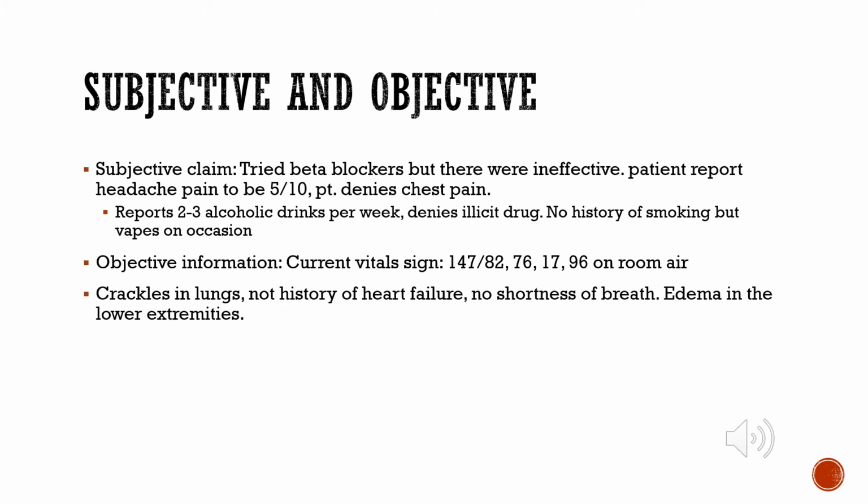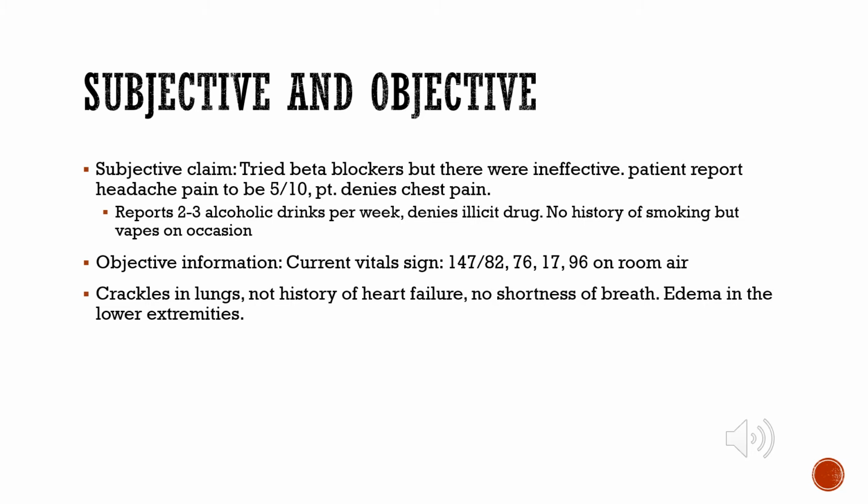Some of the subjective report that the patient has stated includes the fact that he has tried beta blockers, but they were not effective. He has reported pain of 5 out of 10. He currently denies chest pain. He has reported that he drinks 2 to 3 drinks per week. He has reported that he does not do illicit drugs. He has no history of cigarette smoking, but he does vape occasionally.